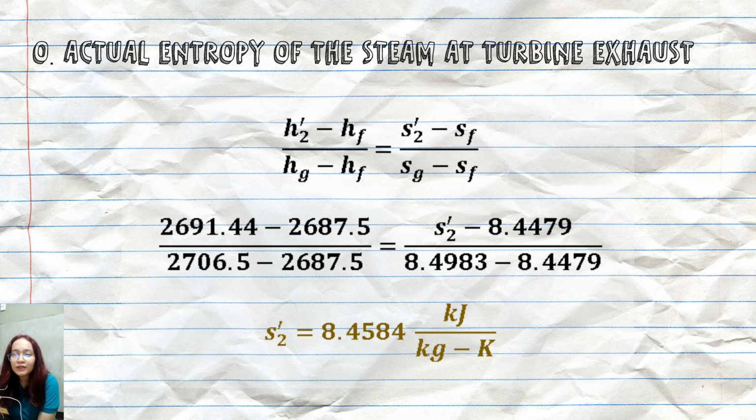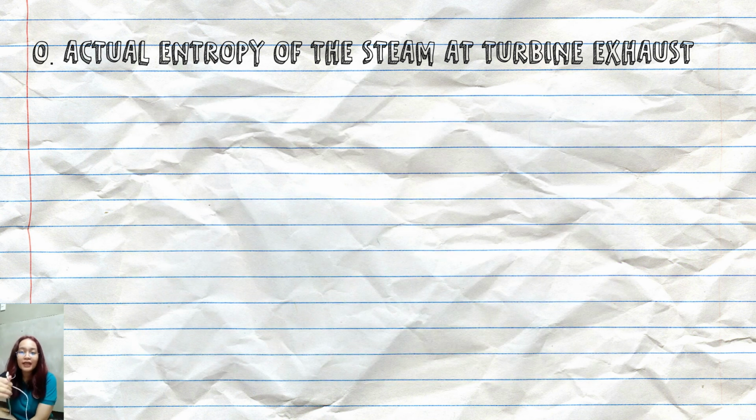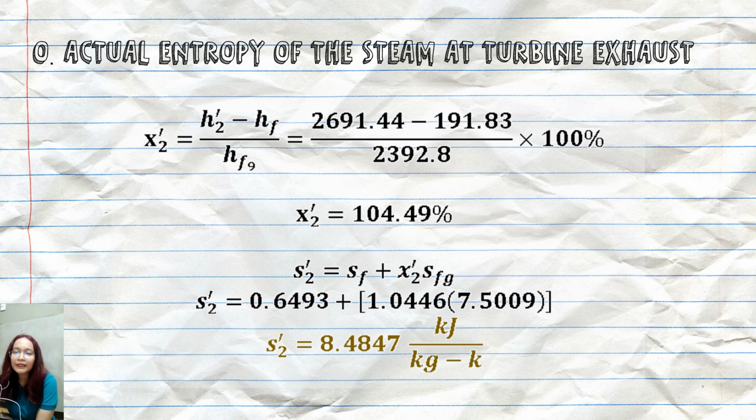There is also another way to solve for the entropy using the steam quality. The equation to get the actual steam quality is actual enthalpy minus the specific enthalpy of the saturated liquid divided by the specific enthalpy of the evaporated liquid. Substitute the values, then multiply by 100 so we can get the percentage.